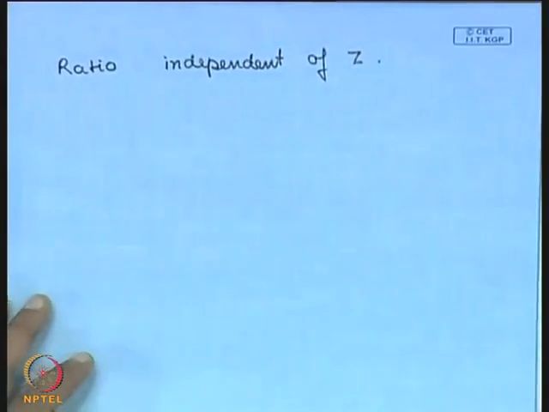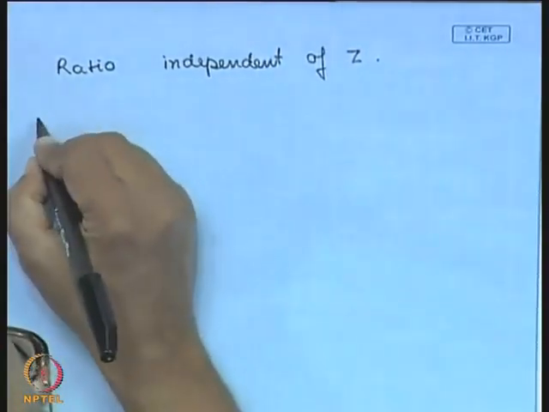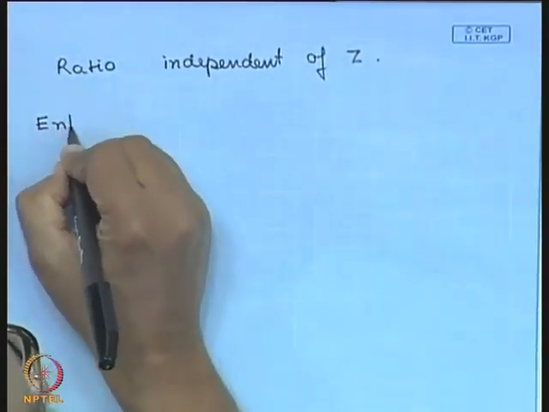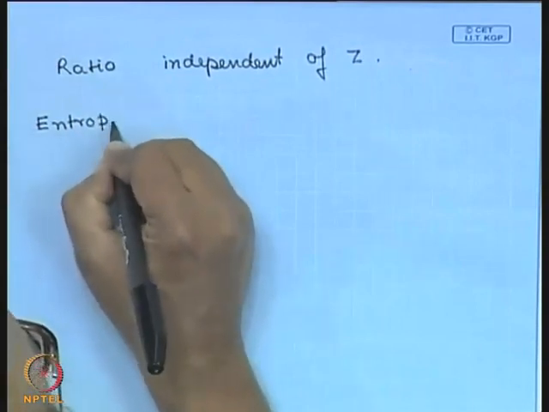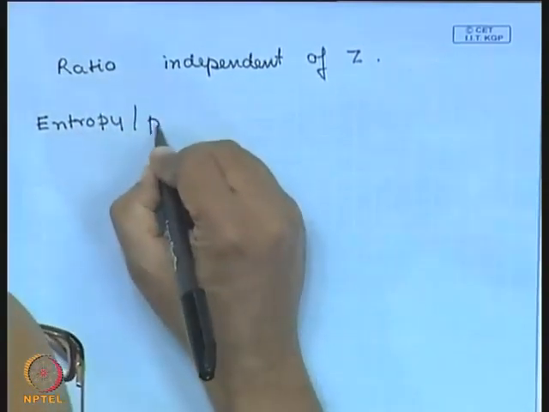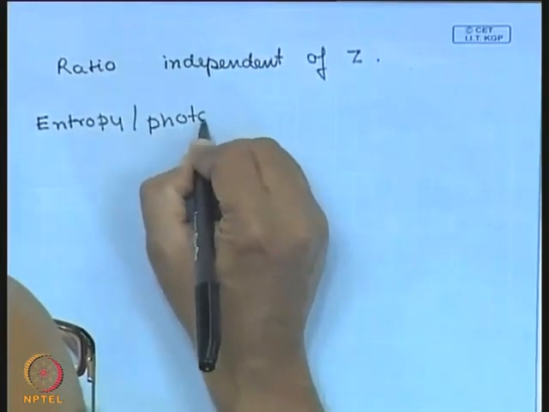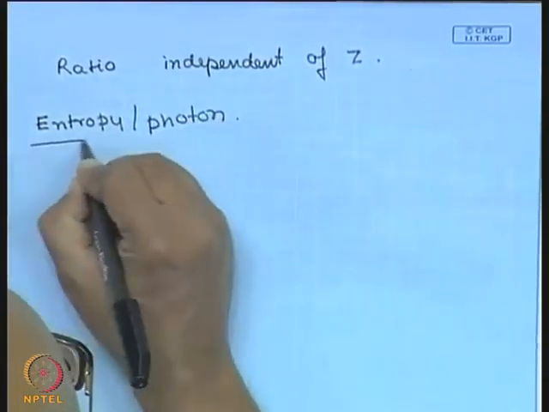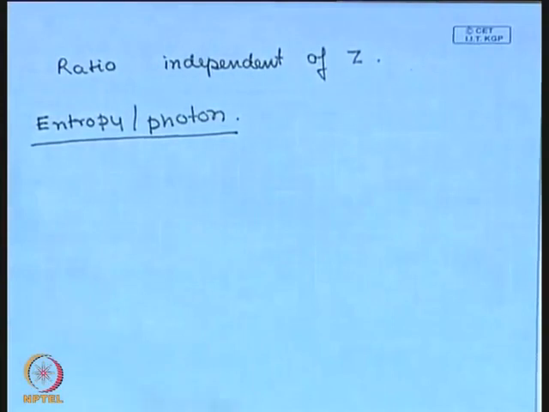The next interesting thing to look at is the entropy per photon of the CMBR.